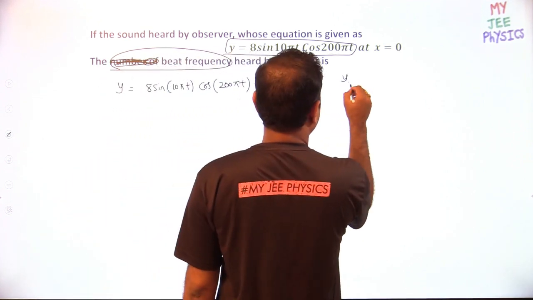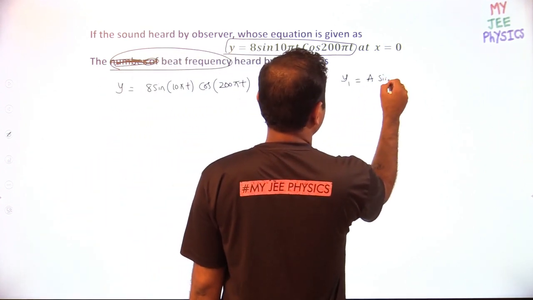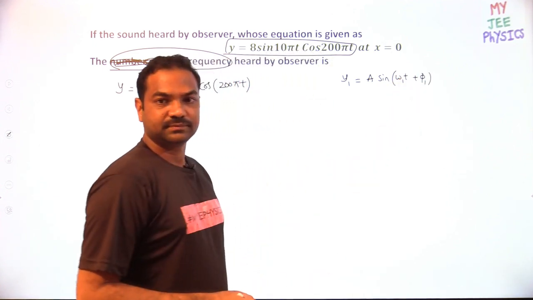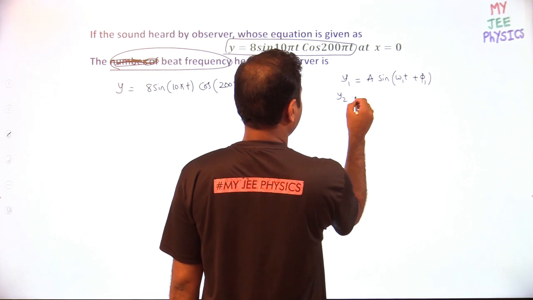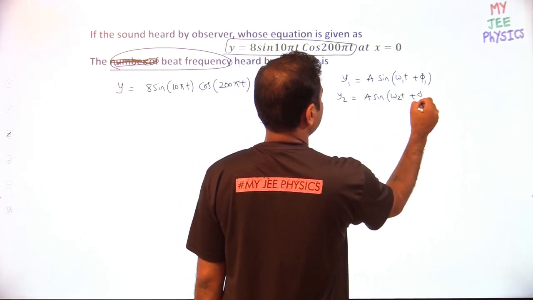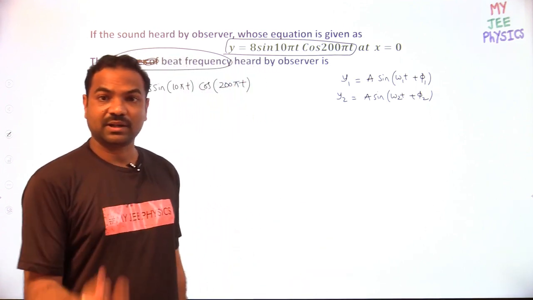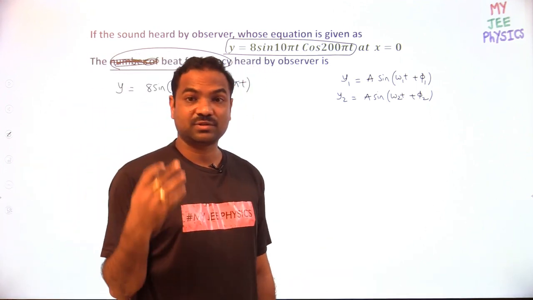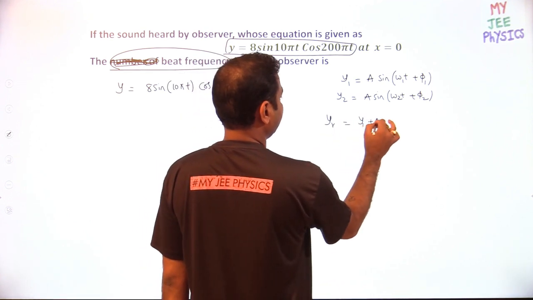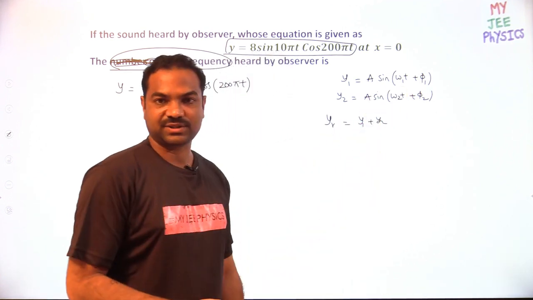So there we have taken, I think, omega 1 t plus phi 1 as the equation of one wave. I'll take one more wave with slightly different frequency, with some other phase value, because at a particular position we calculate the things, we see the superposition. If I go for superposition of these two waves, then you'll get the beats, right?